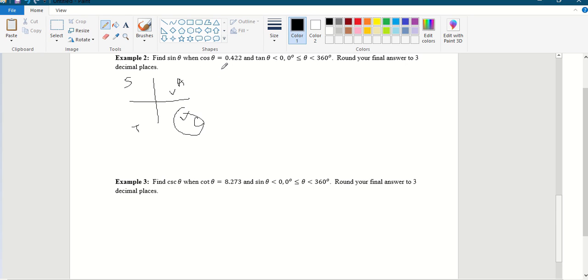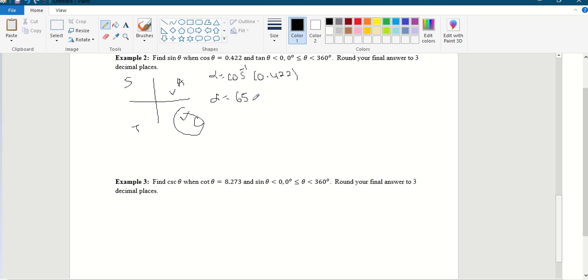And now in order for us to find alpha, we will say alpha equals cos inverse 0.422. We get 65 point. Because this is a final answer to 3 decimal places, we'll keep a few decimals here.